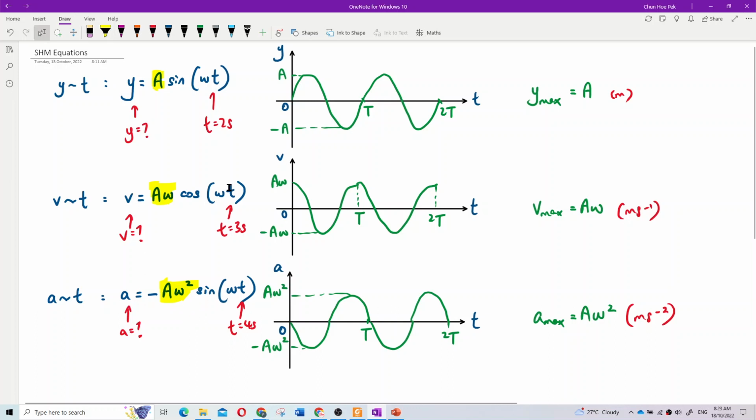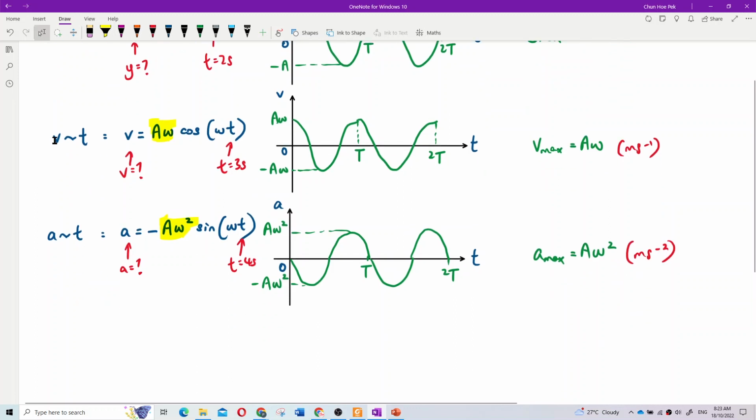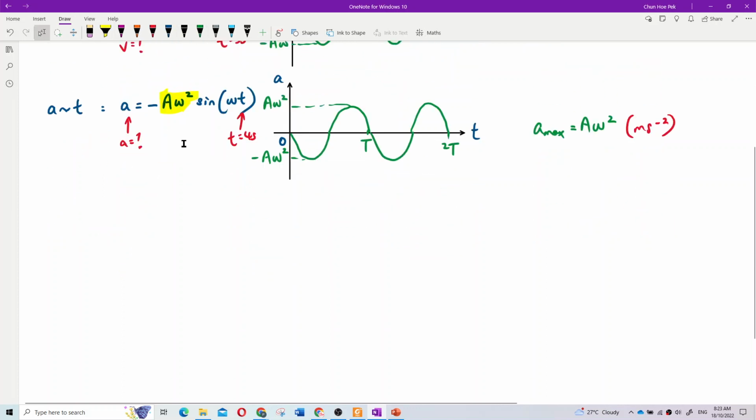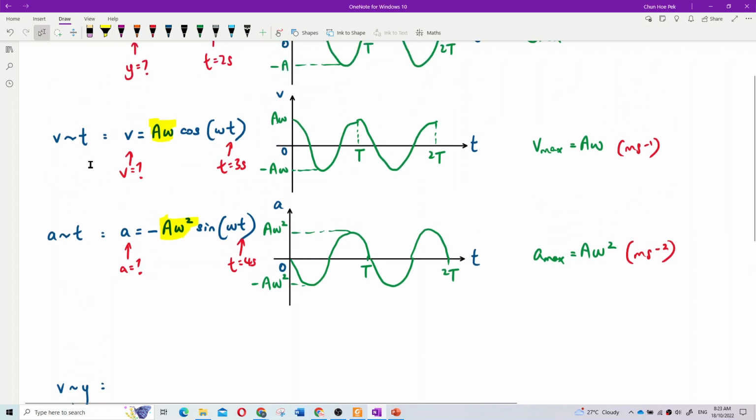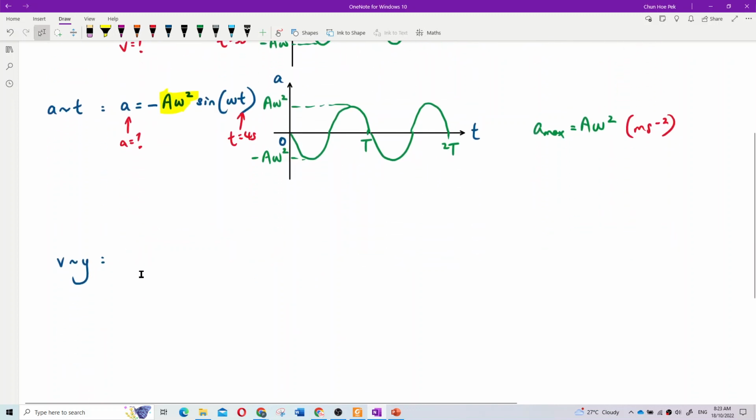Okay, but there's another two equations with displacement. This is velocity versus time. How about the equation of velocity versus displacement?